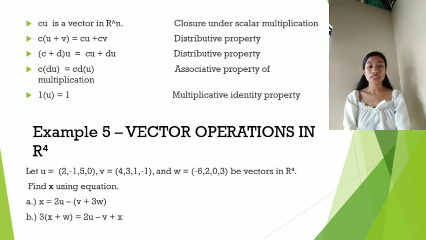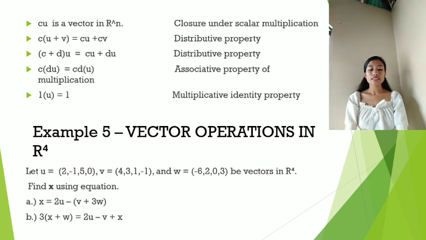Find x using the equation. For letter A, x is equal to 2u minus the quantity of v plus 3w. For letter B, 3 times the quantity of x plus w is equal to 2u minus v plus x.